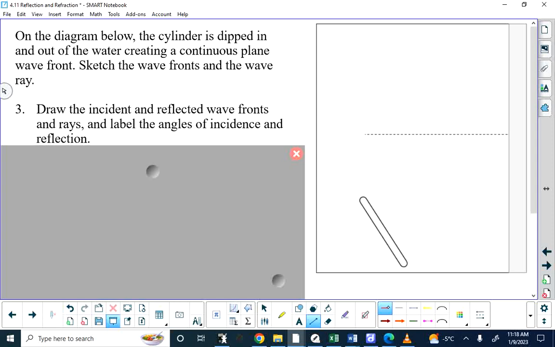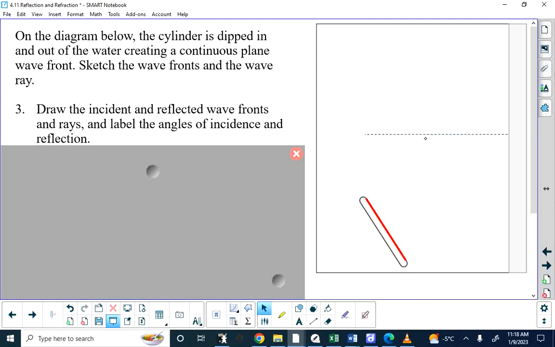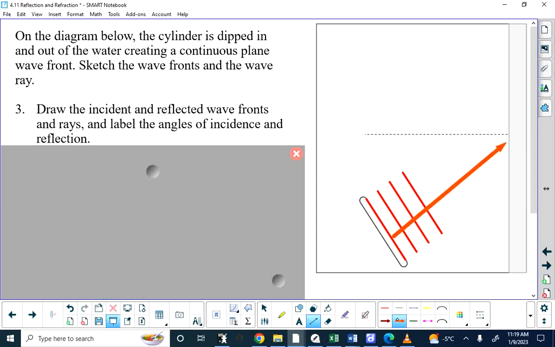We're going to get wave fronts created, which are going to be, I guess, imprints or copies of that cylinder. And if I dip that cylinder in and out of the water with a regular frequency, those wave fronts are going to travel with equal spacings. And it's okay to draw these 3 or 4 wave fronts. That's fine. But what I want you to notice is that the actual wave will be traveling in this direction.